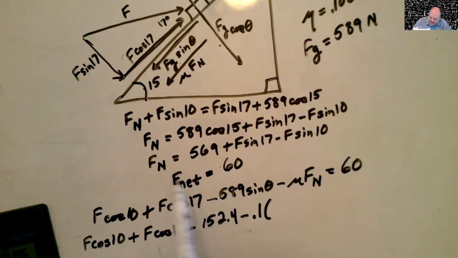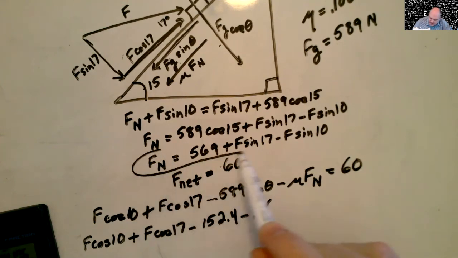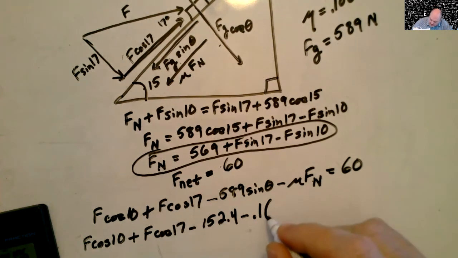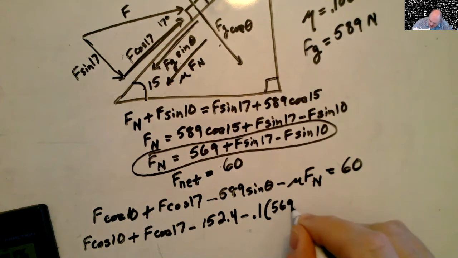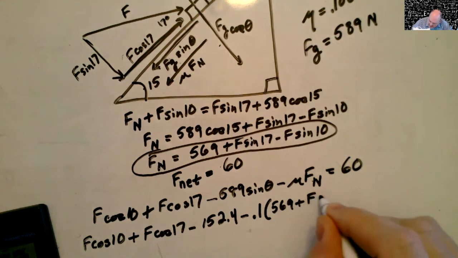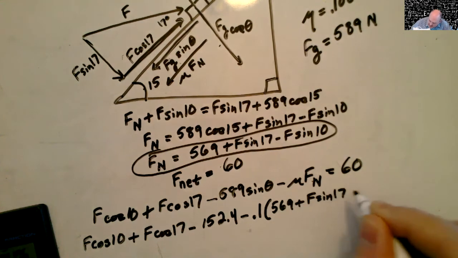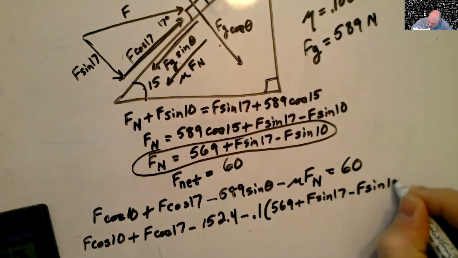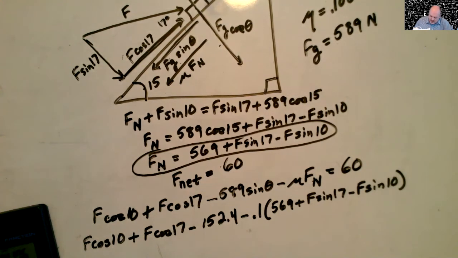Well, Fn is this whole thing right here. See how nasty it's going to be? There's my entire normal force. So in for this Fn, I need to put this: minus 0.1 times the quantity 569 plus F sine of 17 minus F sine of 10. That all goes in for Fn.